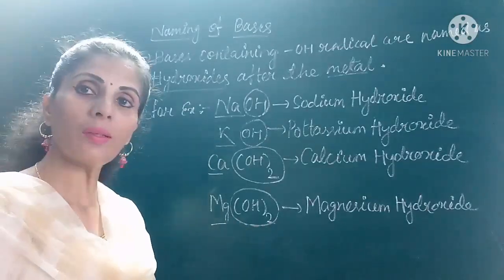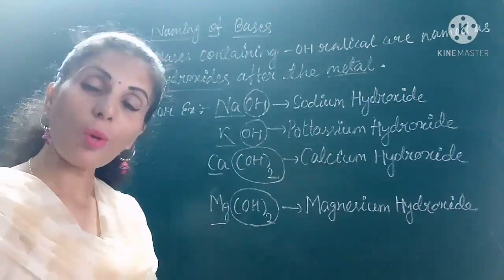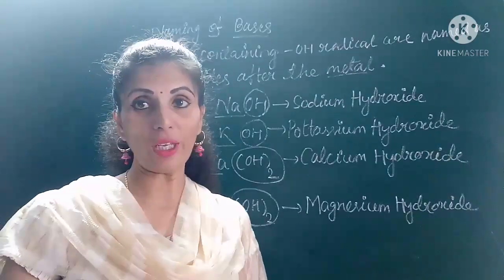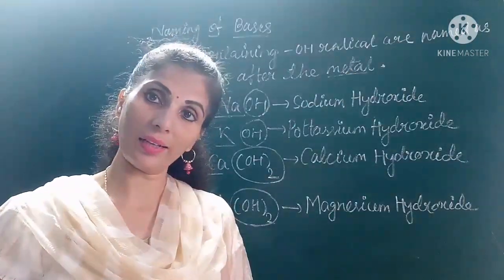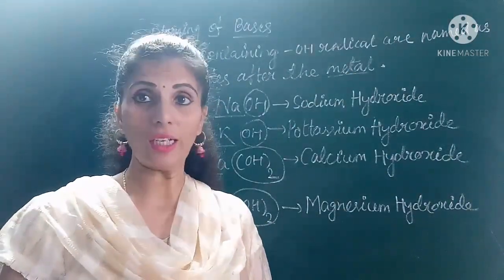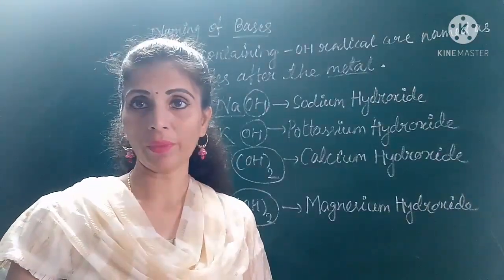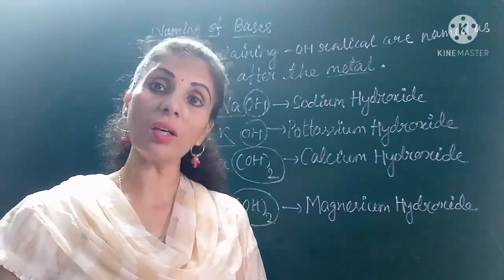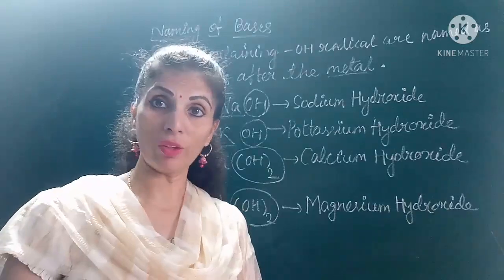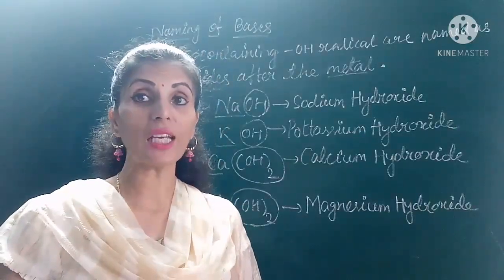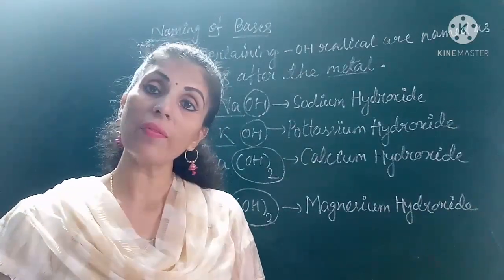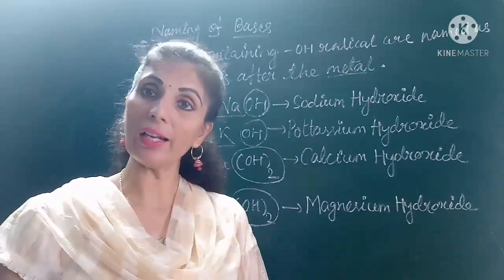Mg(OH)2, Mg is magnesium, OH is hydroxide, so the name is magnesium hydroxide. Like this, other hydroxides also you can name. So, this is the procedure for naming acids and bases, and those which are not following any systematic rules will be given trivial names.